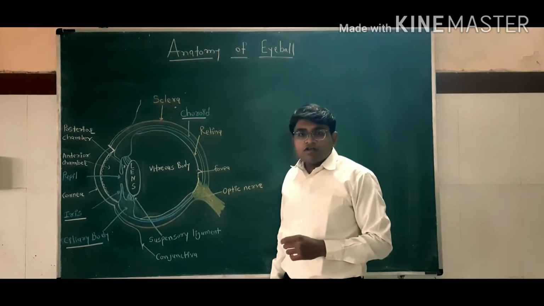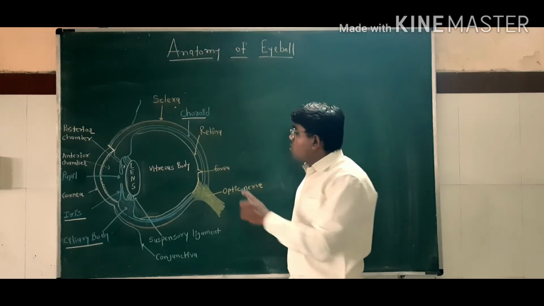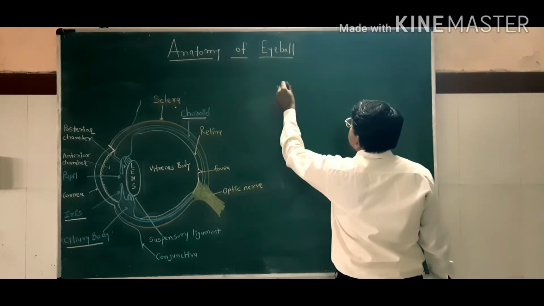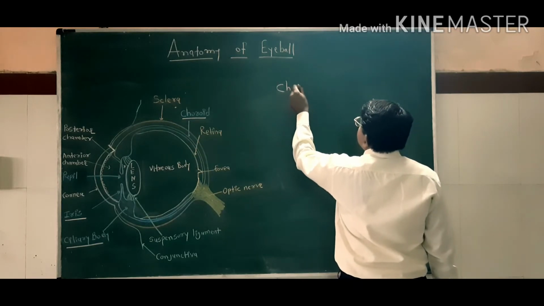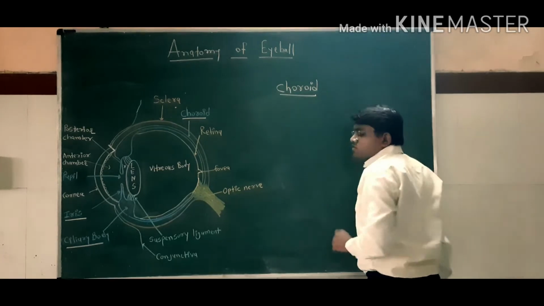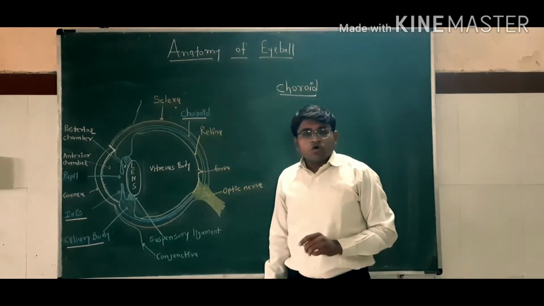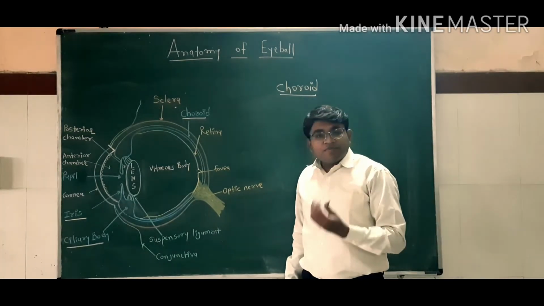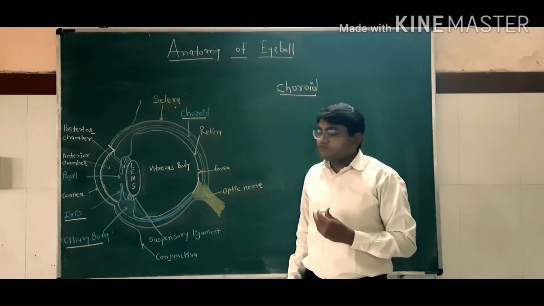So first of all, we discuss the choroid. The choroid is a thin pigmented layer.